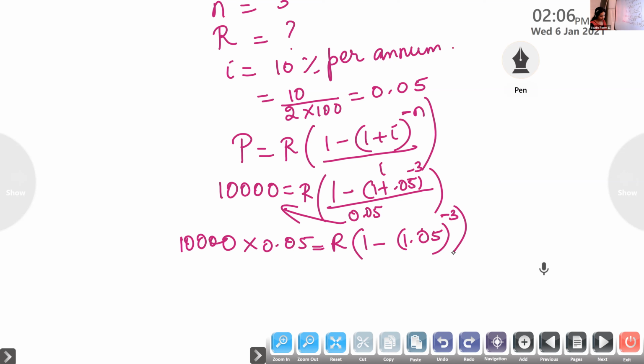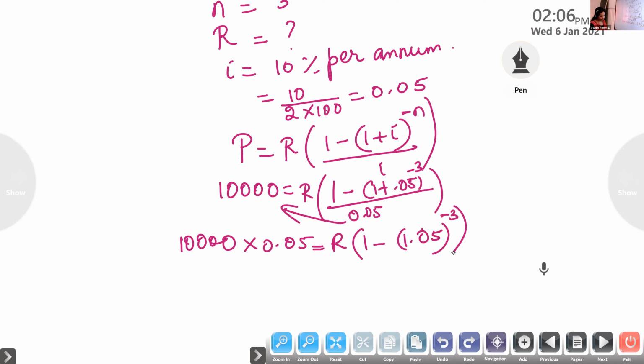So log X is equal to minus 3 log of 1.05. What is log of 1.05? You have to use the log table and find the value.